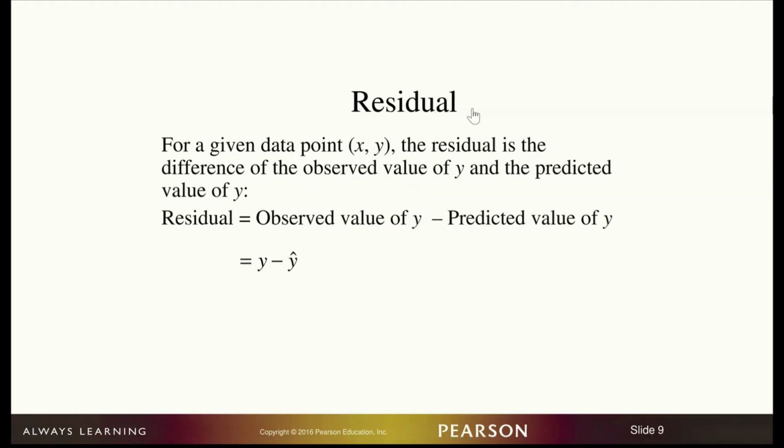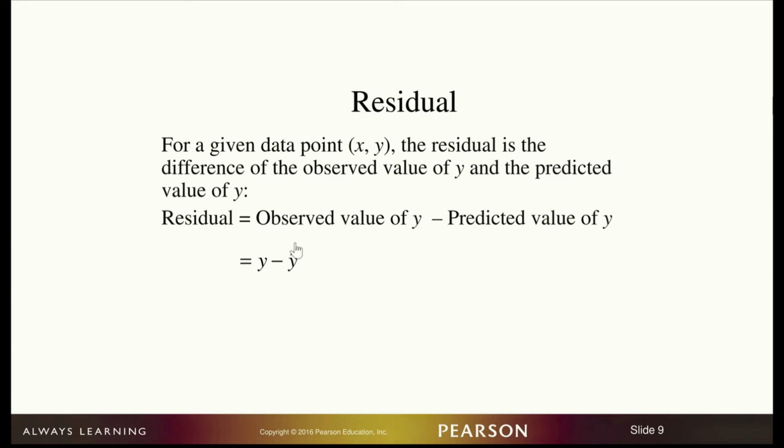Here's the formal definition of the residual. For a given data point (x, y), the residual is the difference of the observed value of y and the predicted value of y. So basically, observed minus predicted. The observed is the actual value we have from our data set, right?